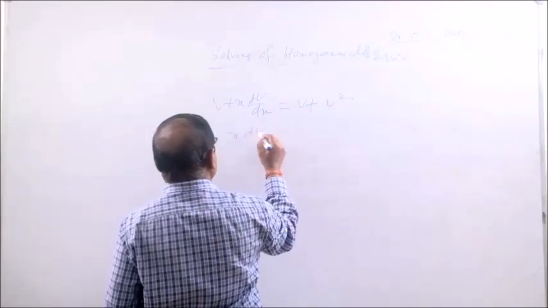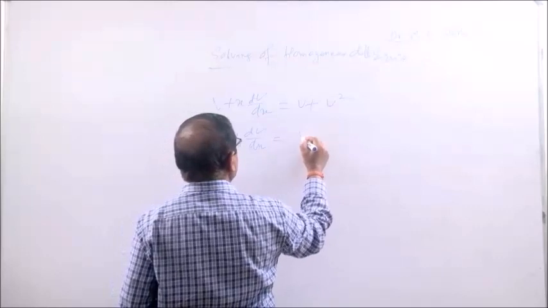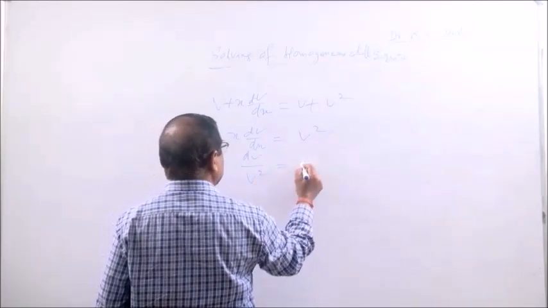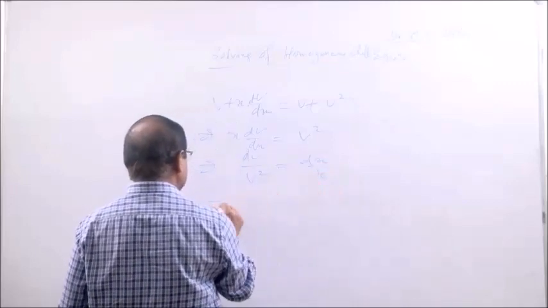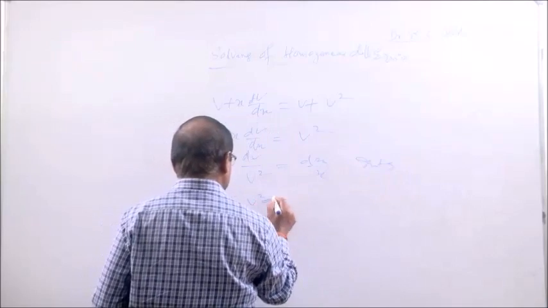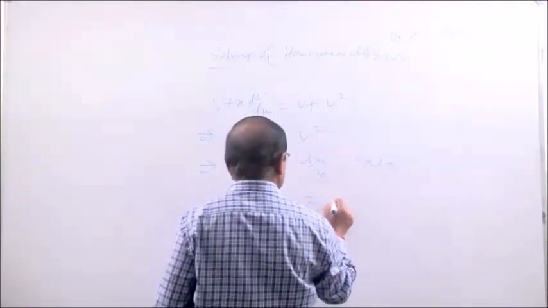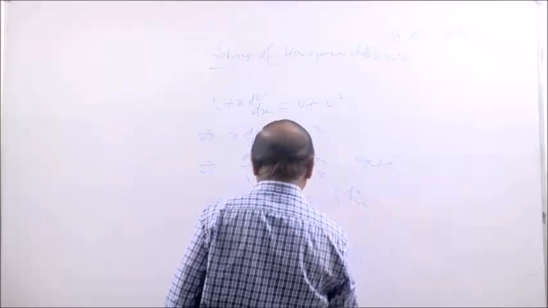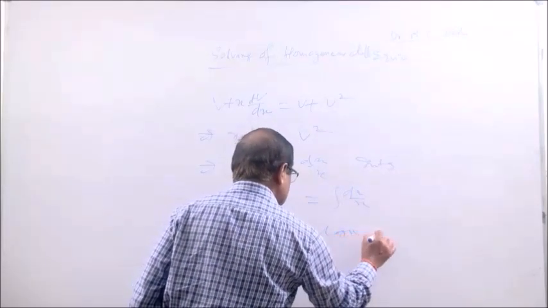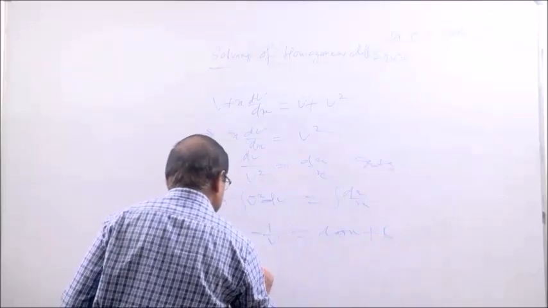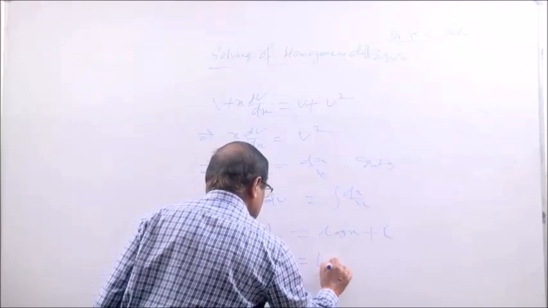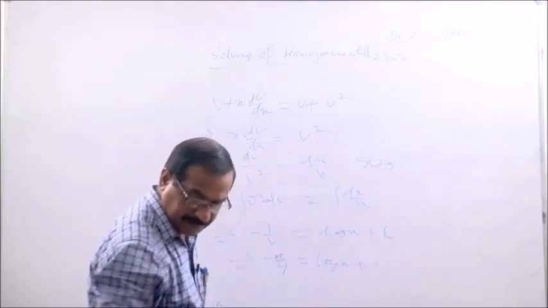That means x dv by dx is equal to v square, that is dv by v square is dx by x. That implies, integrating, minus 1 by v is ln x plus c, that is minus x by y equals ln x plus c.